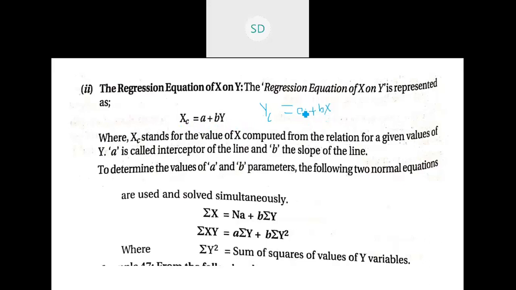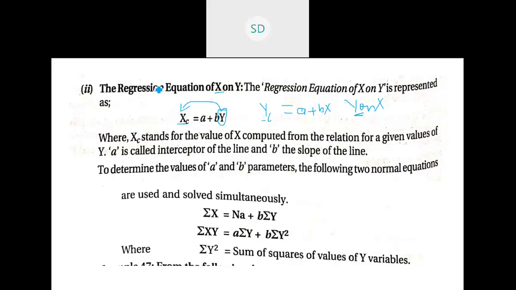Are you able to understand the comparison? So I'm writing both the equations here. If y comes first, you will have y here. If x comes first, you will have x here. In y on x, the value of x will be given, where you will find the value of y.